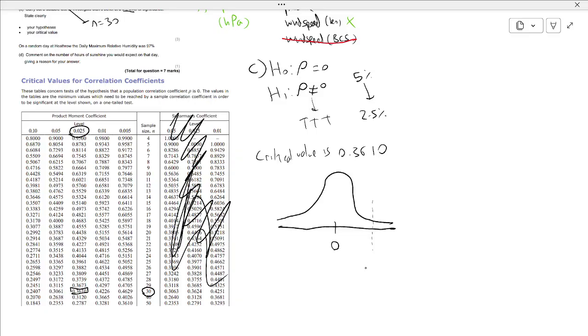But if your correlation is stronger than 0.3610, so it's above 0.36 or below negative 0.36, because remember, negative 0.9 is a strong correlation, and negative 0.2 would be a weak correlation. Anything outside of here is a strong enough correlation. This would support H1. Anything in this region, support H1, reject H0.